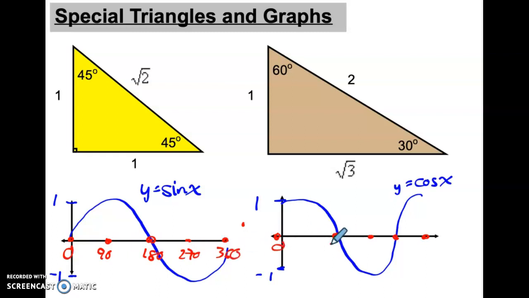And each of these critical points is either a max, a min, or it's on the midline, which means it's right in the middle. So there are our two graphs, and we can see that the sine and cosine graph are actually really similar. Just sine starts at the midline and then it goes up, versus cosine starts at the maximum and then it goes down.